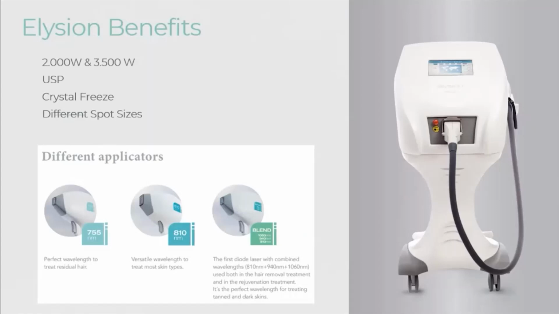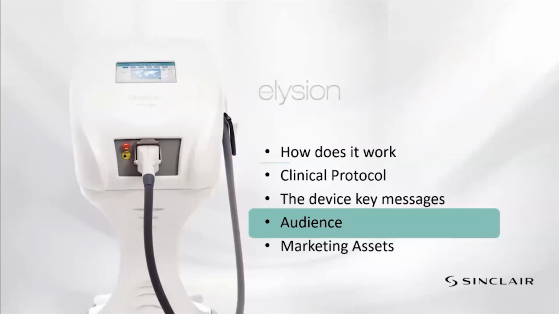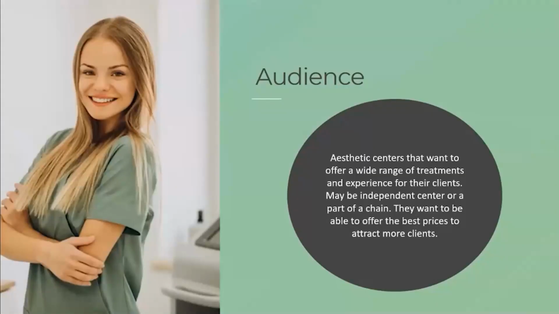So these are the main concepts, or the main benefits, that we talk about when we are talking about Elysion. So what's the audience, and how can we differentiate Elysion and Primelase, not talking only about the power? So what else do we have? The audience of this device is more focused on aesthetic centers. Let's remember that Primelase is focused more on the medical part. So this is focused on aesthetic centers that want to offer a wide range of treatments and experiences to their clients.